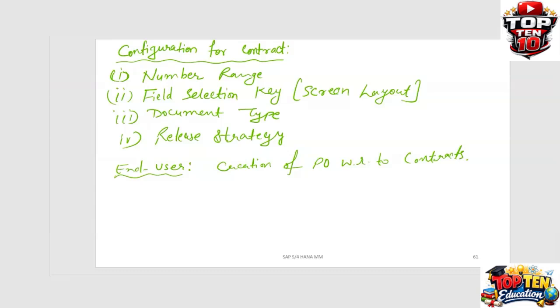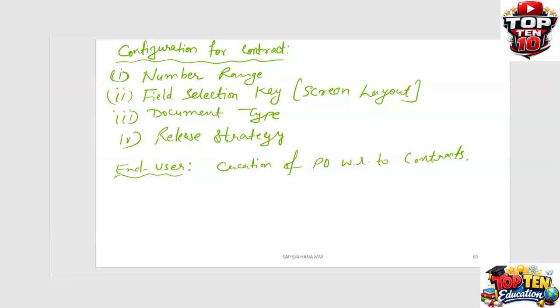After saving this information, go to SAP Easy Access, go to logistics, materials management, purchasing, then outline agreement, contract, create.